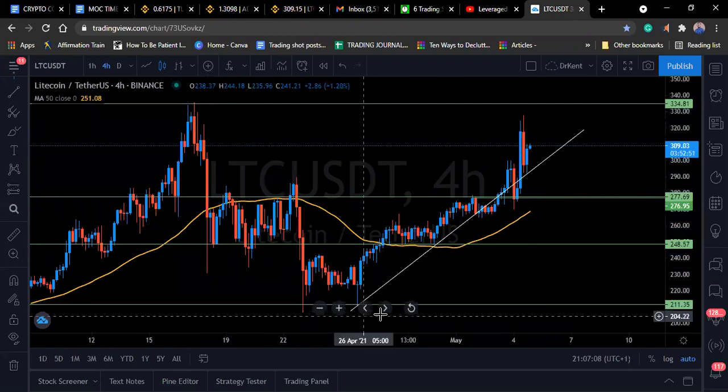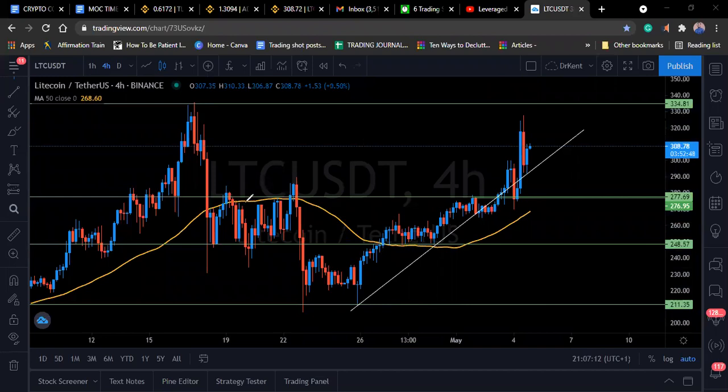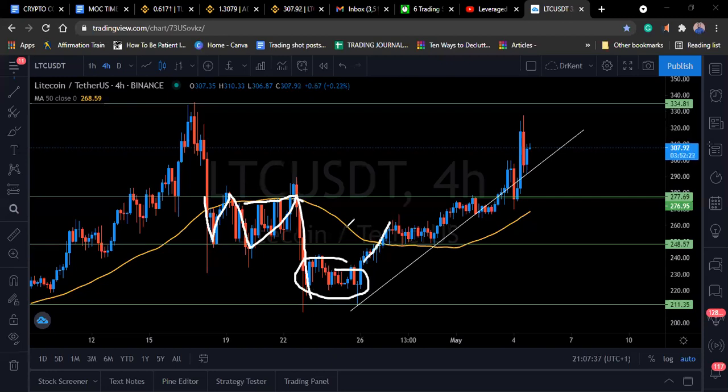Now, as you can see, in different scenarios, if you look at the past, this yellow line, which I like to call the market baseline, acted as a form of resistance. Like now, price broke below it, retested it, failed to break above, came down, retested it again and dropped. Consolidated here, then it broke above this yellow dynamic resistance level. When price is below it, it acts as a dynamic resistance.